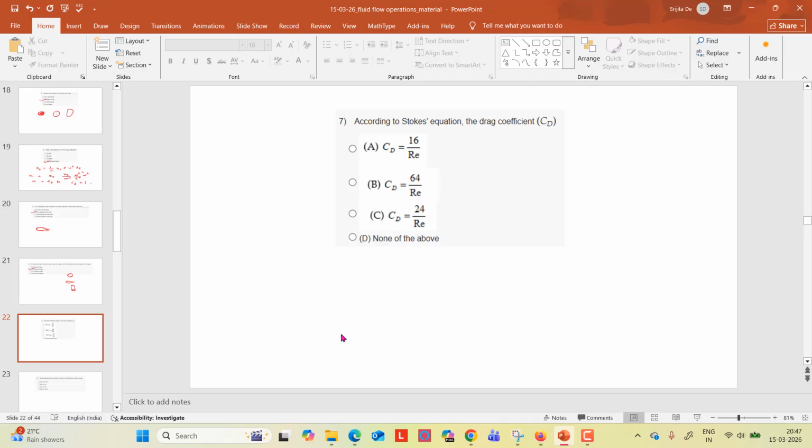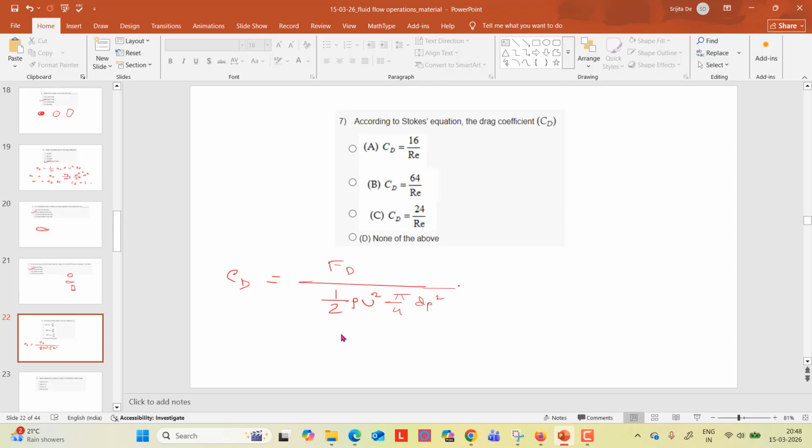Next, according to the Stokes equation, the drag coefficient. So if we want to calculate, CD was FD by half rho U square pi by 4 dp square, right, for a sphere.